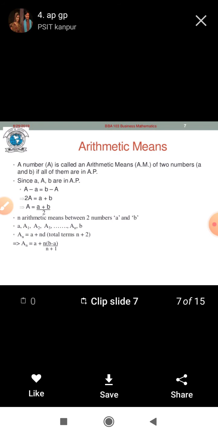So by solving this, we get 2A is equal to a plus b, and A is equal to (a plus b) by 2. This is the arithmetic mean of arithmetic progression.